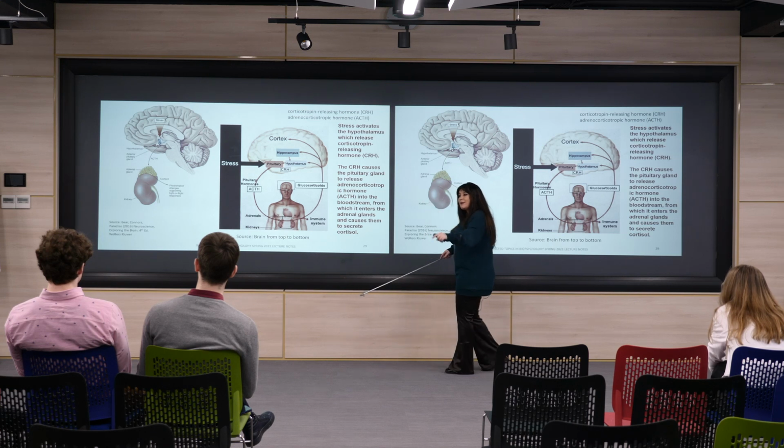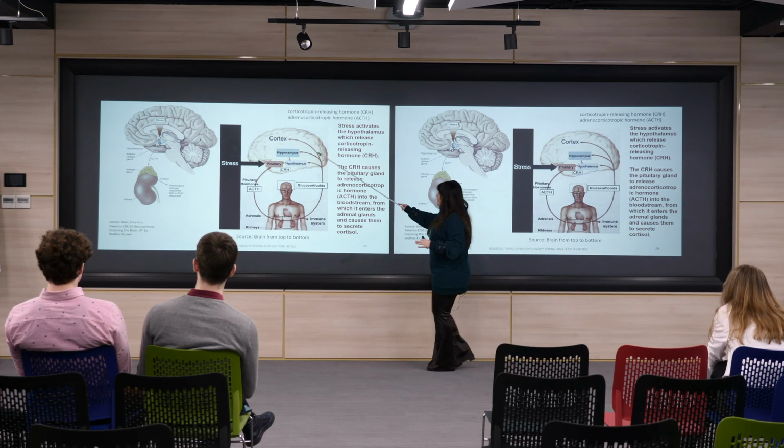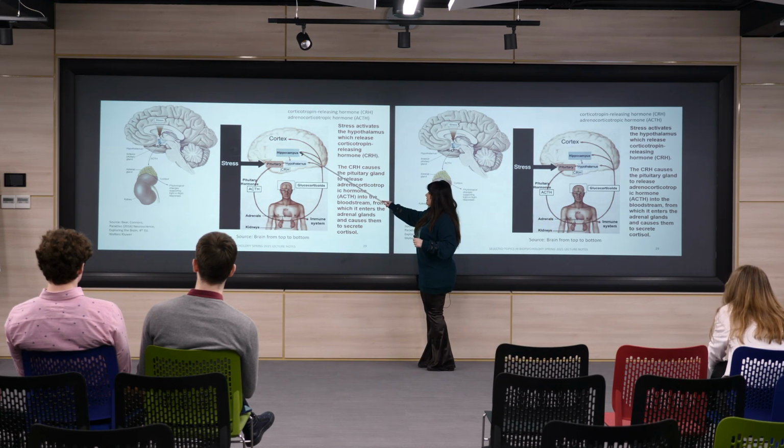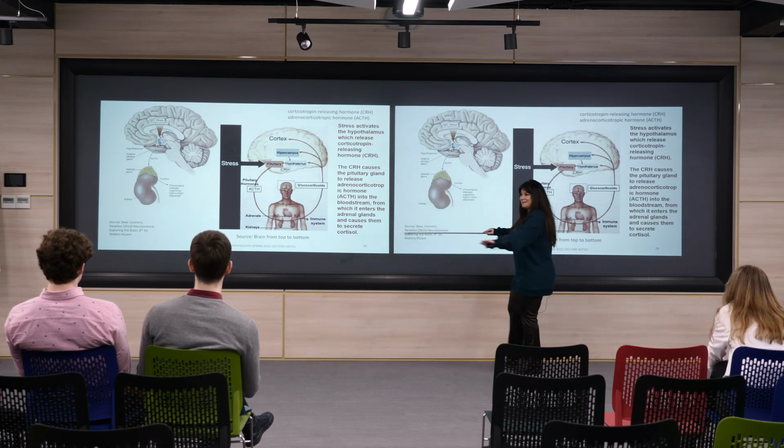It's like one cycle, and once everything is done, this hippocampus, for example, is going to get a response from these molecules, and it will give a signal to the hypothalamus: stop, enough, no more stress.